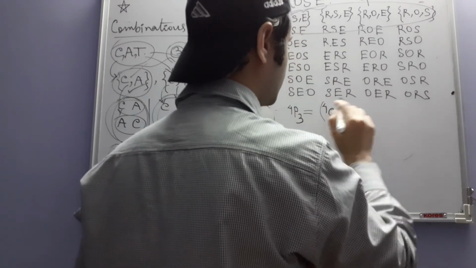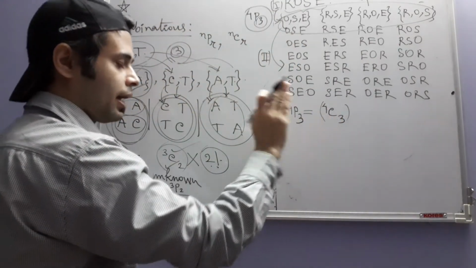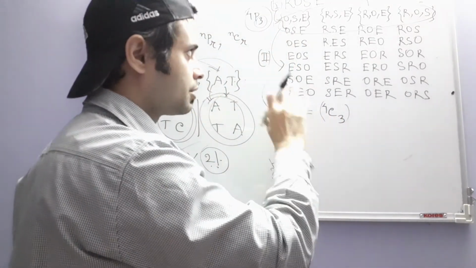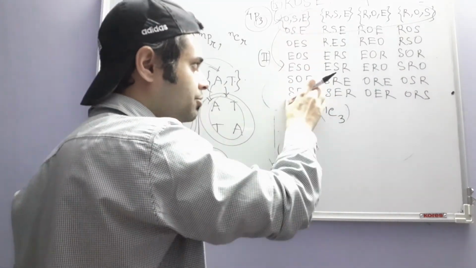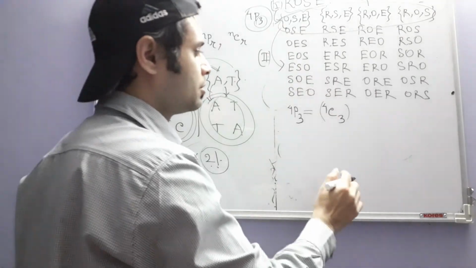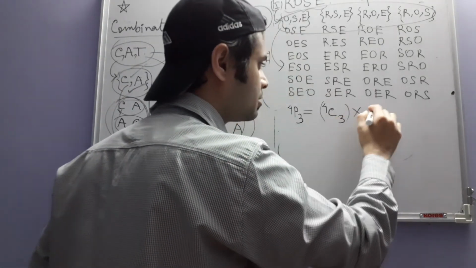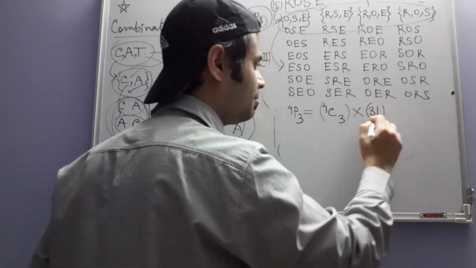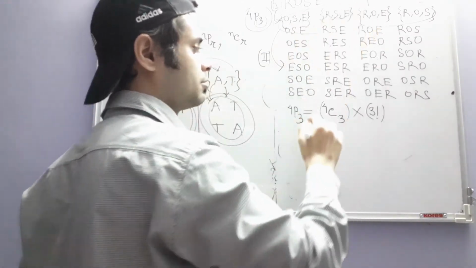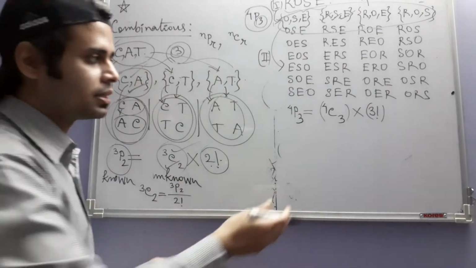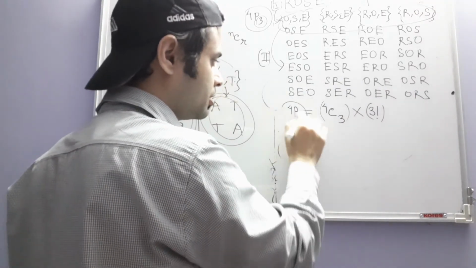Now, having chosen the combinations, the elements of each group are permuted among themselves. And that number is 3 factorial. Why? Because in each case there are 3 elements. So that number is giving me the total number of permutations.